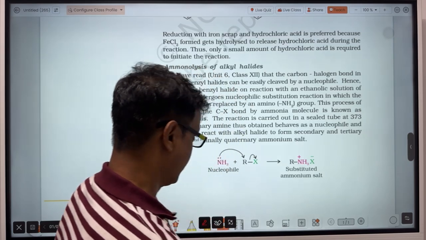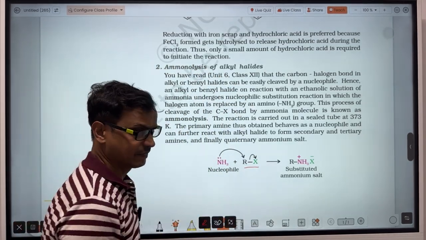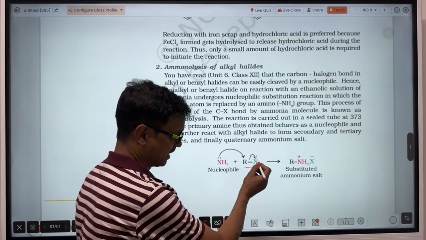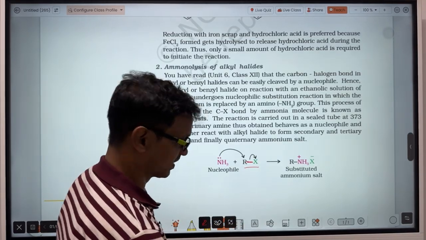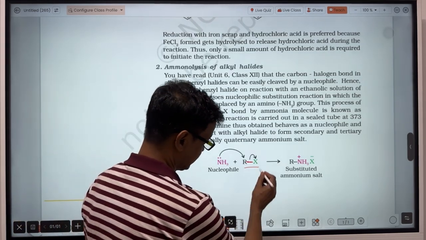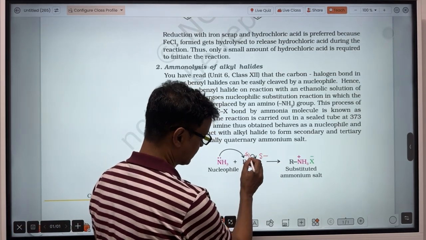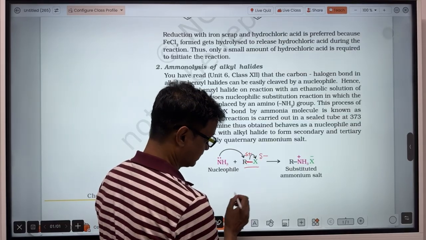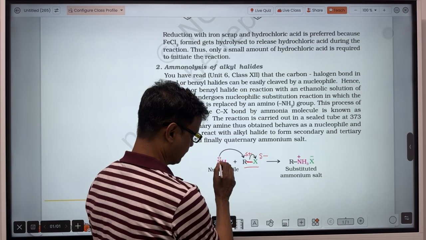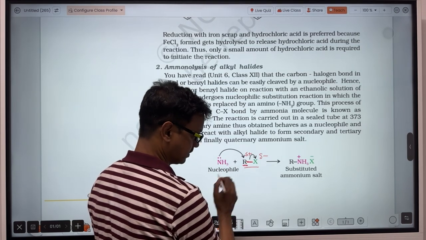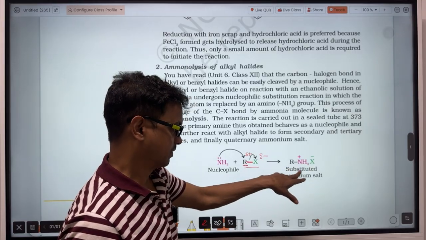What is happening here? In haloalkane, halogen is a highly electronegative element. So halogen will attract the shared pair of electrons of the carbon of the alkyl group. As a result, there will be development of a slightly negative charge on the halogen and a slightly positive charge on the carbon of the alkyl group. As a result, the lone pair of electrons here will be attracted towards this carbon of the alkyl group and form a substituted ammonium salt.